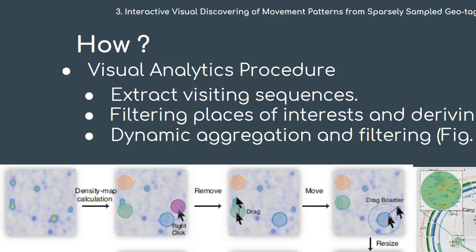Then they adopt a density map approach to filter the places of interest and derive movement information. By calculating this density map, users can drag, resize, or delete a place by manipulating the circles here.